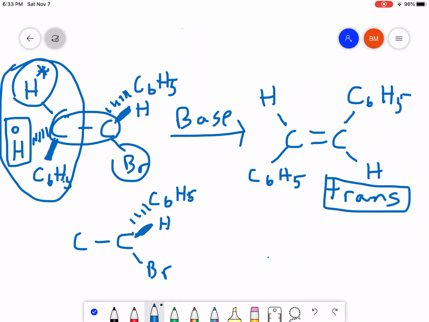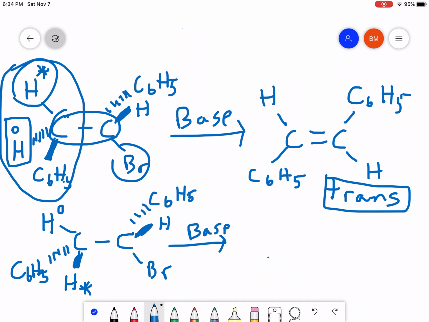Okay, so I've rotated the asterisk H around, so it is now in the front. I've rotated the C6H5 to the back, and I've rotated the H with a circle on it over here. So now it is an anti-periplanar beta hydrogen. And now we can actually get reaction in this state as well.